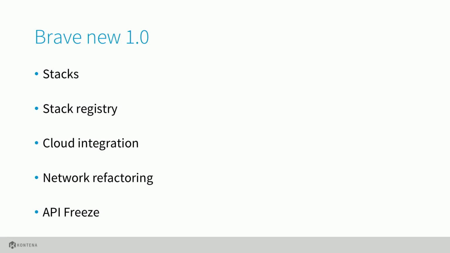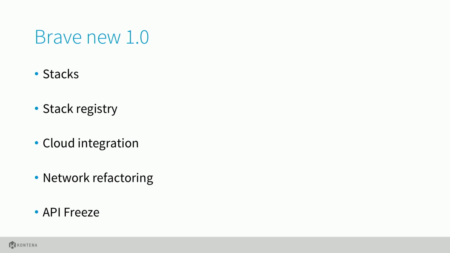So here's a list of the sort of most important new features or new items that we've been working on. So first and the most important and the biggest change was the introduction of a concept called stack.